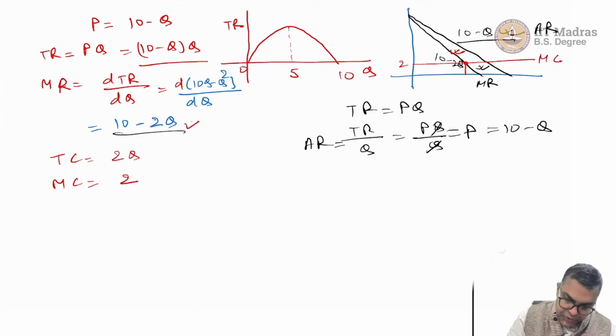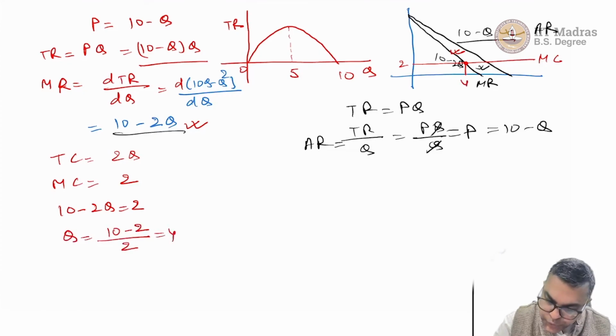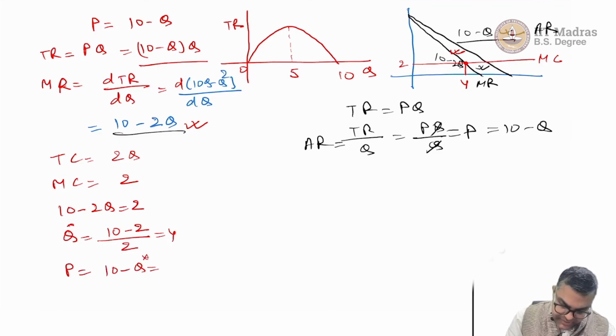We can also figure out from the equation that 10 minus 2Q should be equal to 2. So Q should be equal to (10 minus 2) divided by 2, which is equal to 4. And if Q is equal to 4, P has to be equal to 10 minus Q star, which is, we can say P star, 10 minus 4, equal to 6.